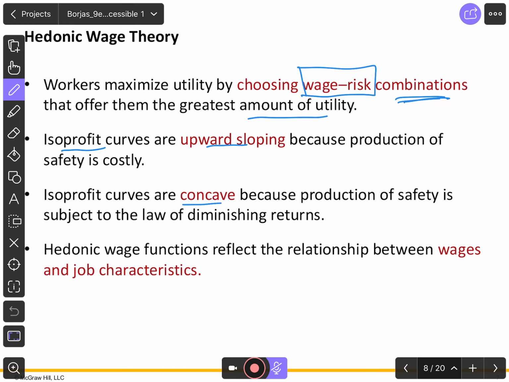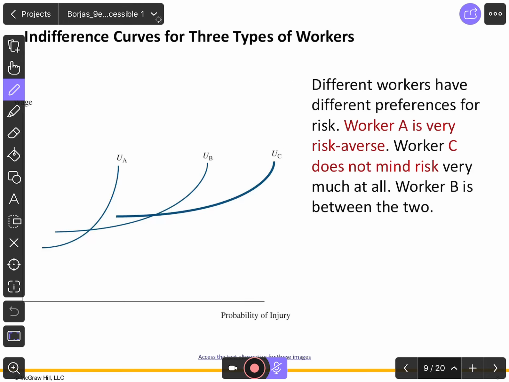We're going to talk about concavity, or the shape, and the law of diminishing returns. The hedonic wage function, which is the topic of this slide, is the relationship between wages and job characteristics.